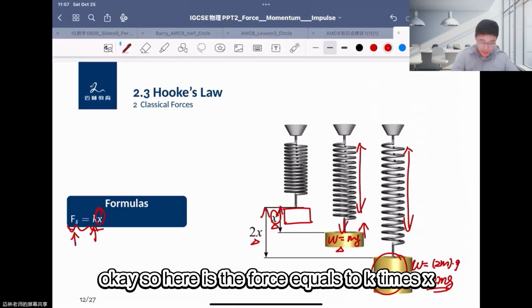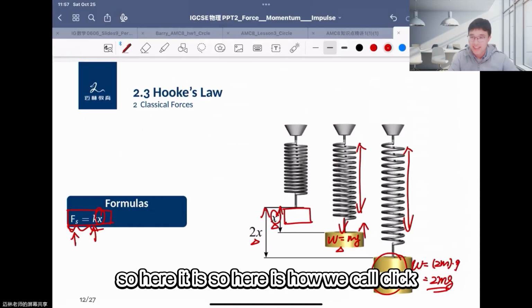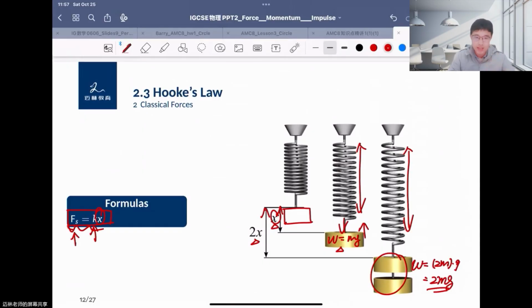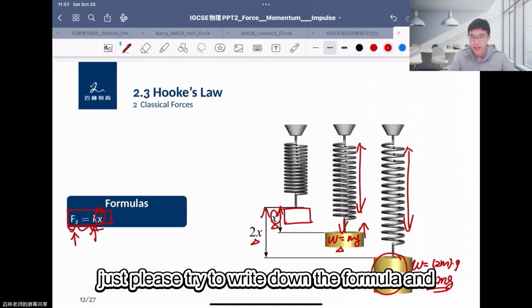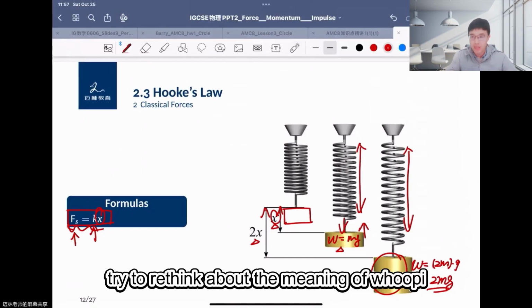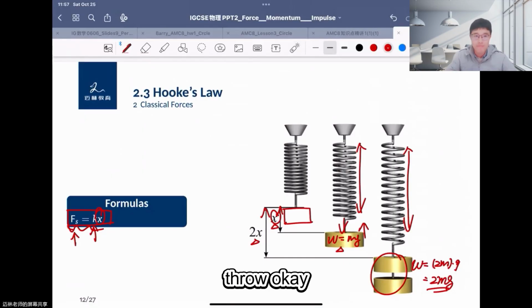So here the force equals k times x. This is how we calculate with Hooke's law. Please try to write down the formula and rethink the meaning of Hooke's law.